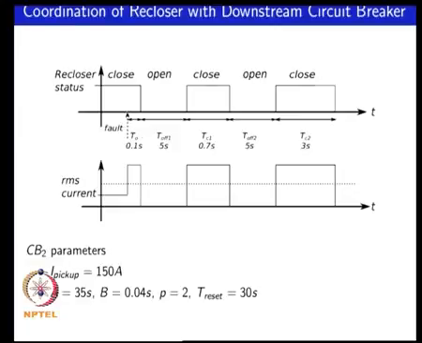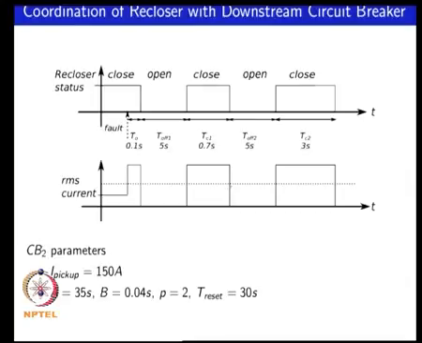some particular point of time, for a short duration the current level goes high, the duration T naught we have taken as 0.1 seconds, then it opens for a duration of 5 seconds, then it recloses now for 0.7 seconds.